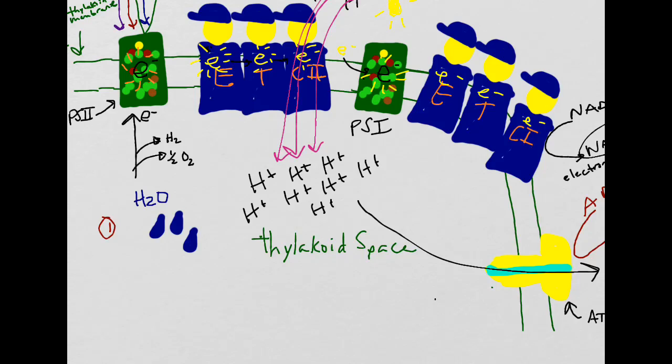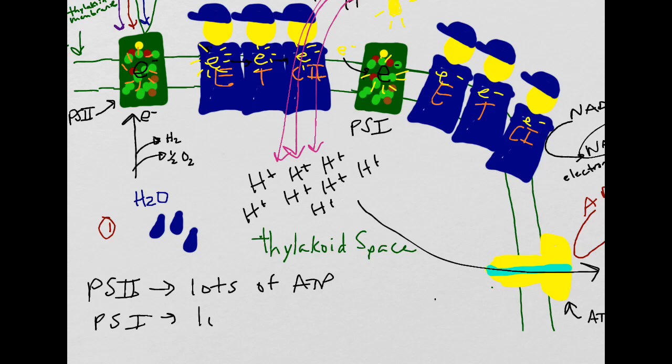Okay, so to sum up, from photosystem 2, we have produced lots of ATP. And from photosystem 1, we have produced lots of NADPH.